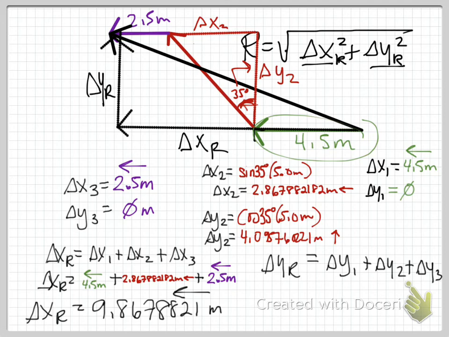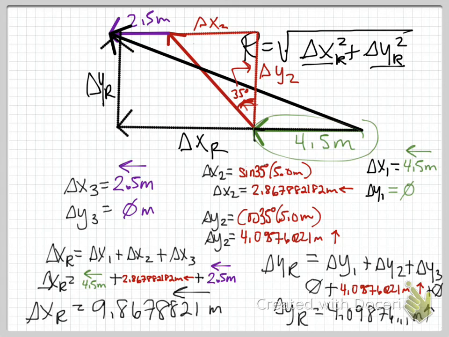Delta yr is equal to delta y1 plus delta y2 plus delta y3, and we know already that two of those have a value of 0. So delta yr is really, essentially, equal to delta y2. So delta yr equals 4.09876, etc., and that's in a northward direction.